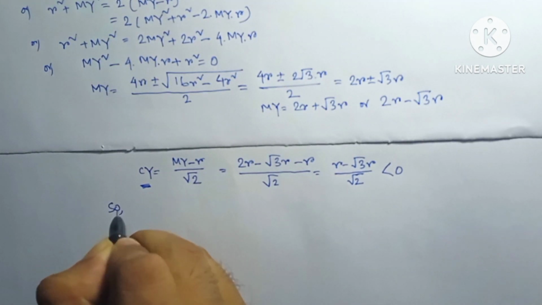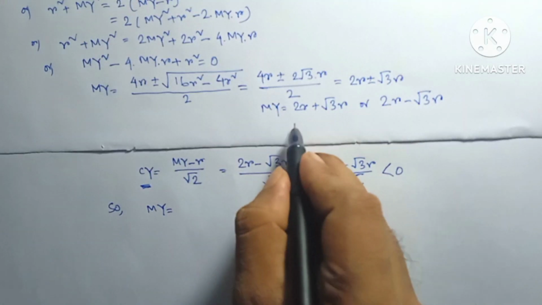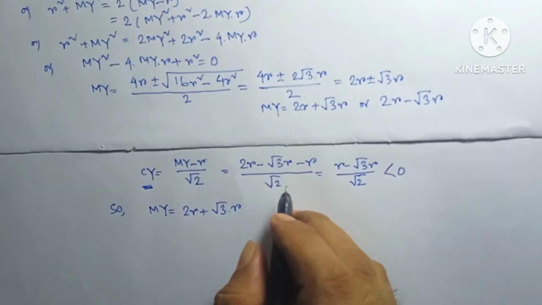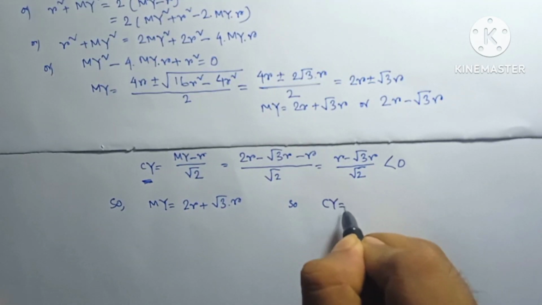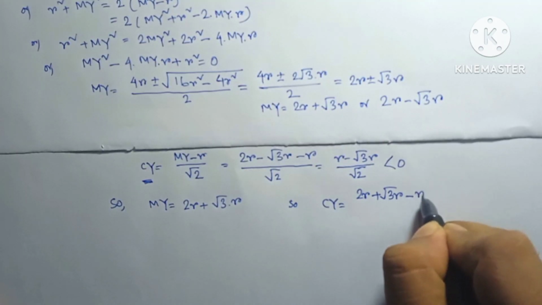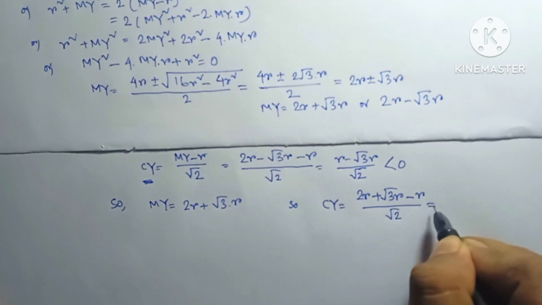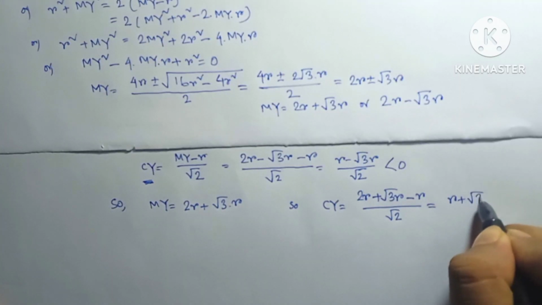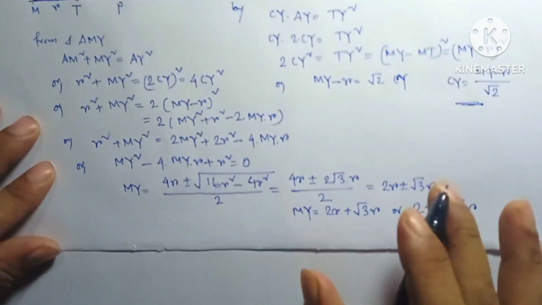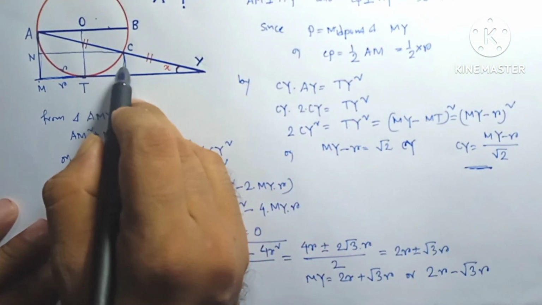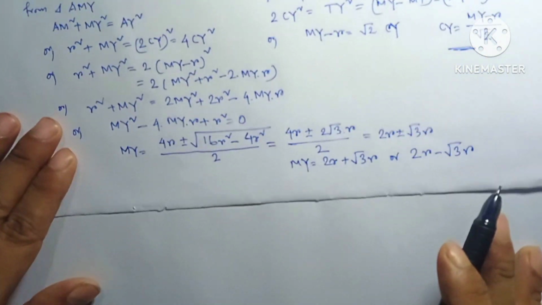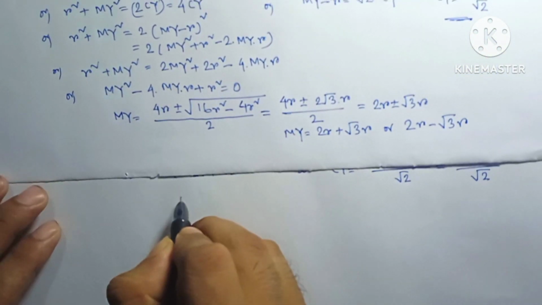So we have to take MY as 2R plus root 3 times R. So CY is equal to 2R plus root 3 times R minus R over root 2, which is equal to R plus root 3 times R over root 2. Now, if we see this triangle CPY, we can apply the sine formula.